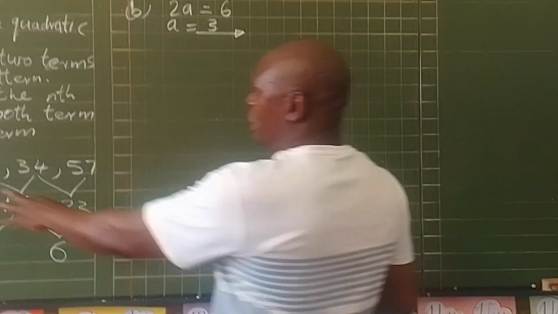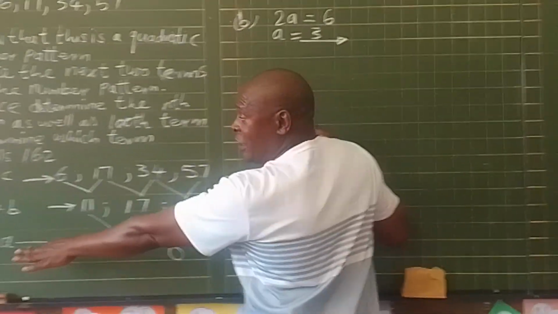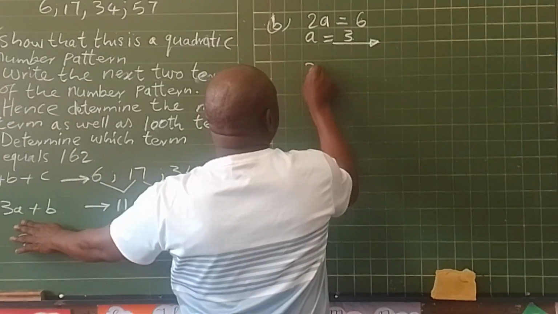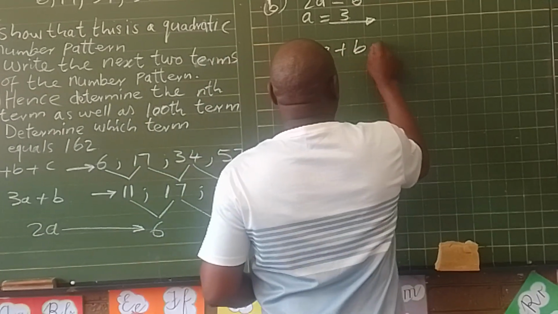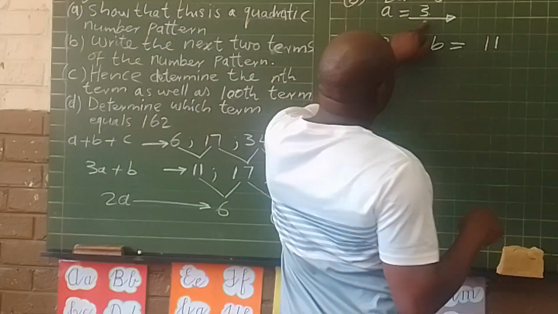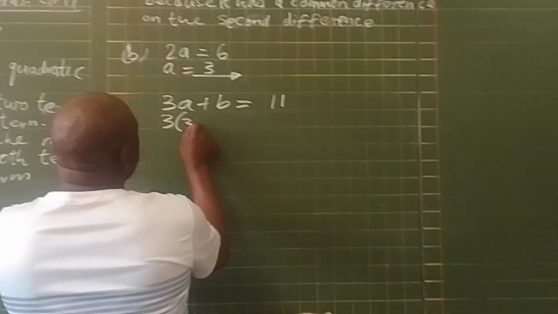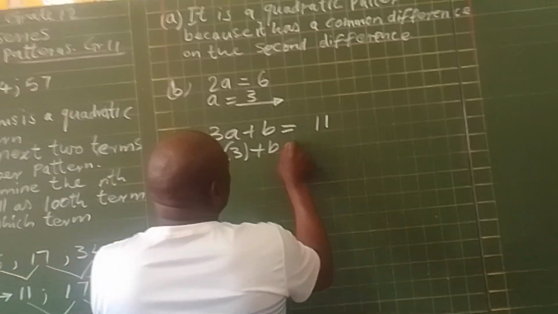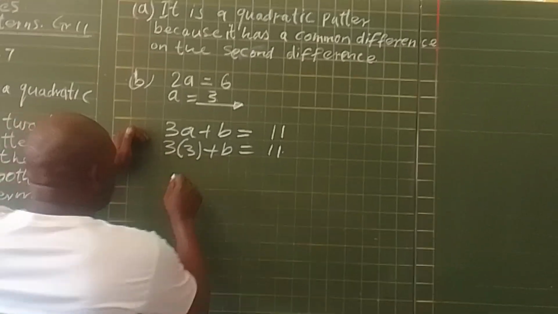You come to b. You grab this statement here, 3a plus b is equated to 11. I substitute my a here as 3 to find b. 3 times 3 is 9.